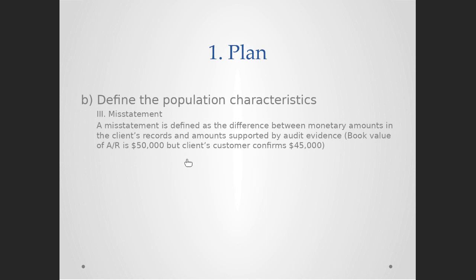If the client says 1750 and the customer says no, it's 1745, right? A $5 difference. Would you consider that as a misstatement? You have to define what is a misstatement, and how much misstatement you would consider and still say that the account is fairly stated. So you have to decide that. Are you following?